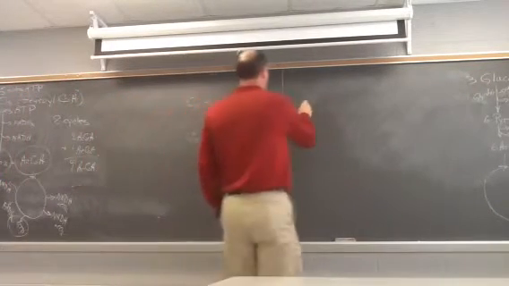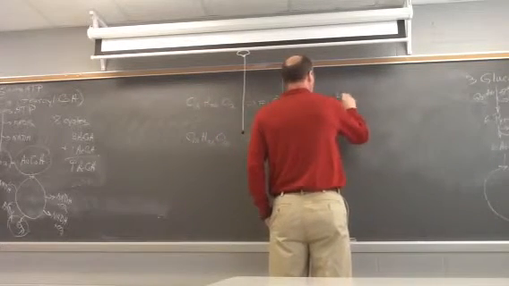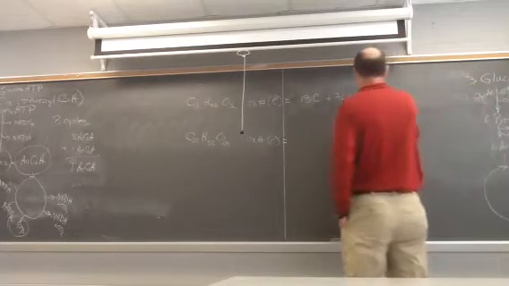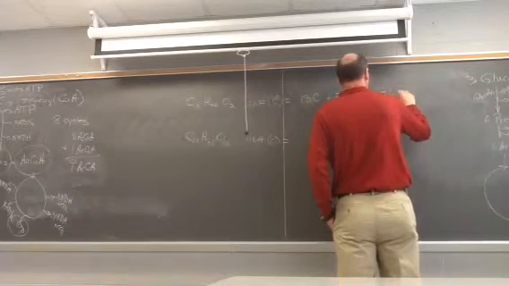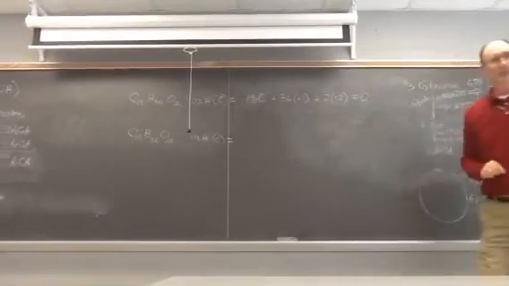So we've got 18 carbons plus 36 times plus 1, which is what hydrogen is in the compound, plus 2 times -2, which is oxygen, all equals 0.